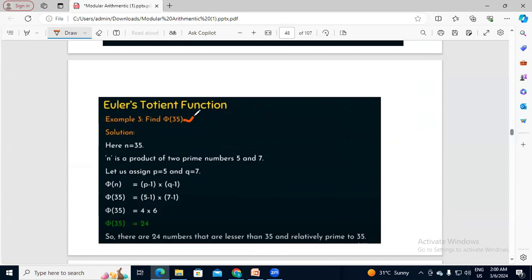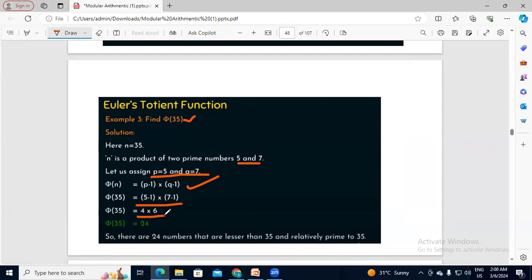So if it is asked to find Euler's totient of 35, you can consider that 35 is a product of two prime numbers, that is 5 and 7. 5 and 7 both are prime, so you can directly use the formula to find Euler's totient of 35, that is P minus 1 and Q minus 1.